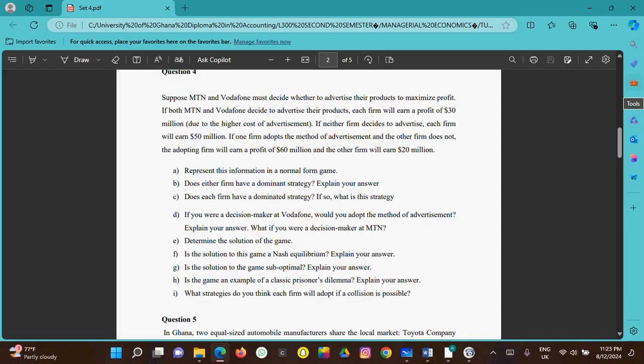So is the solution to this game a Nash equilibrium? Yes, because when two best responses meet at that side, you get it. It's a Nash equilibrium.